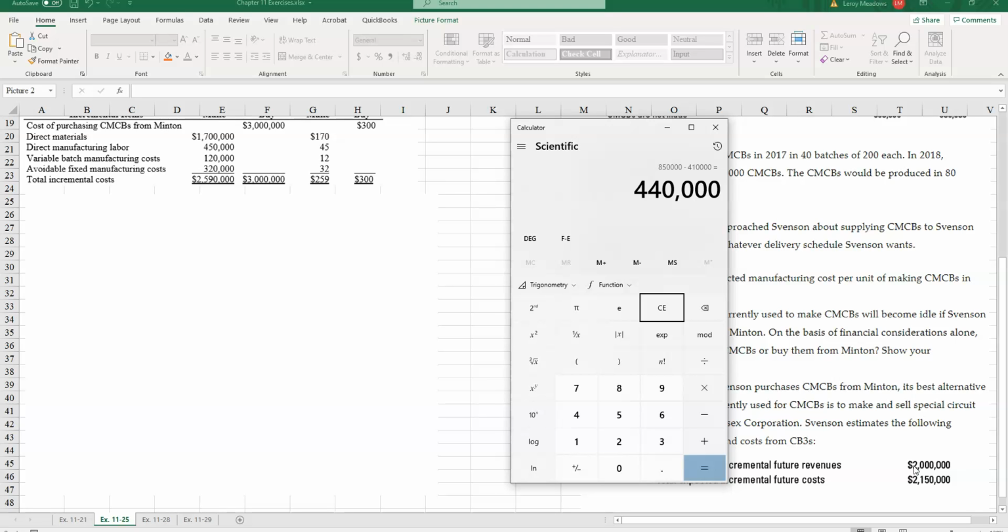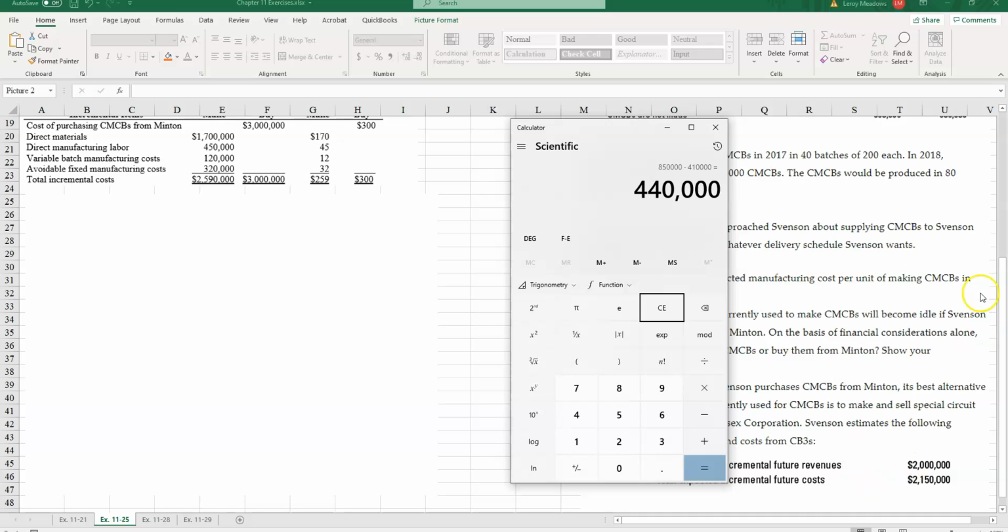If we outsource, what can we do to make our operating income even bigger than it was before? If operating income at the end of the day increases after taking into account the avoidable fixed manufacturing costs plus any additional operating income, then we should go ahead and do that.